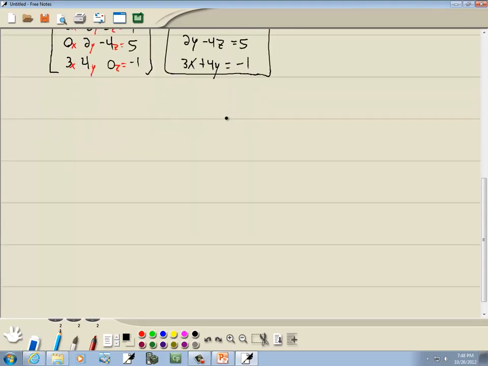Now for matrices, once you get it in matrix form, you can perform row operations. And I'll talk more later about why we want to do this. There are different row operations you can do. You can multiply or divide.